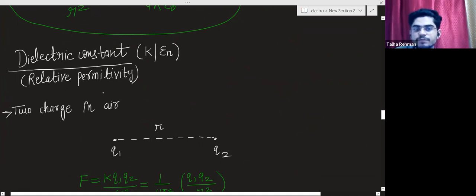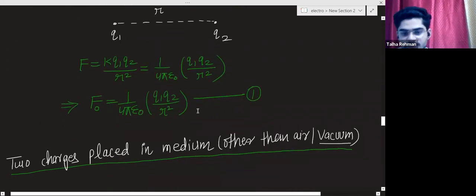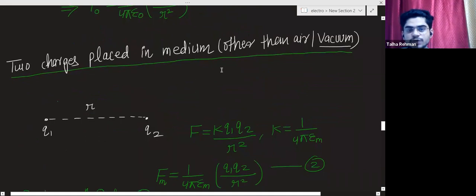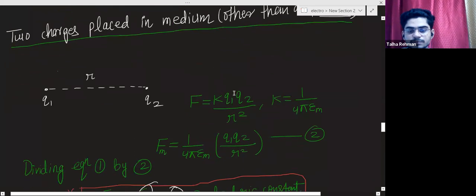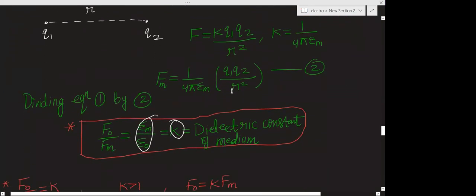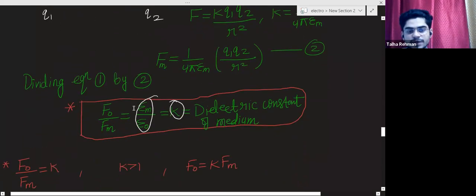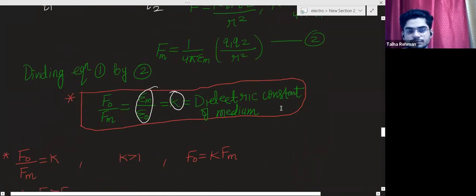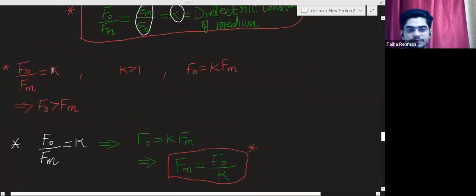After that, I derived how the dielectric constant comes when I place two charges in air and calculate the force, and then place two charges in another medium whose dielectric constant is K. I divided both the equations and got this formula, and I have starred this formula because it is important.